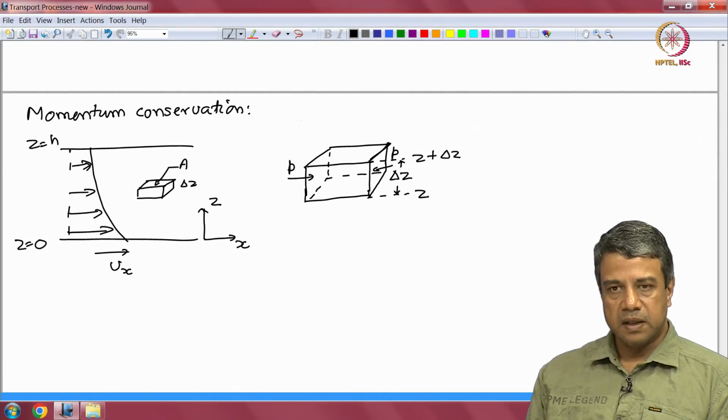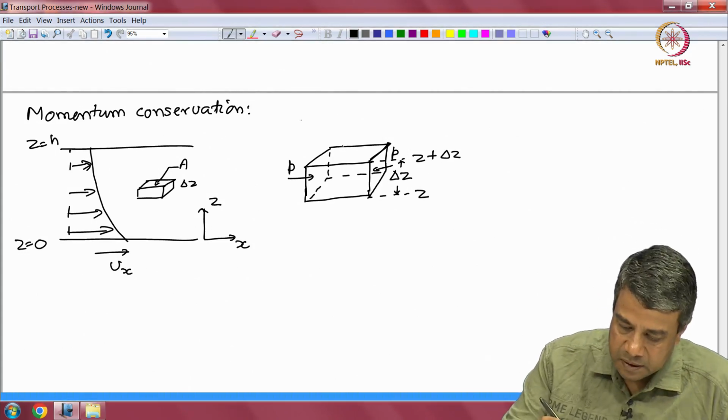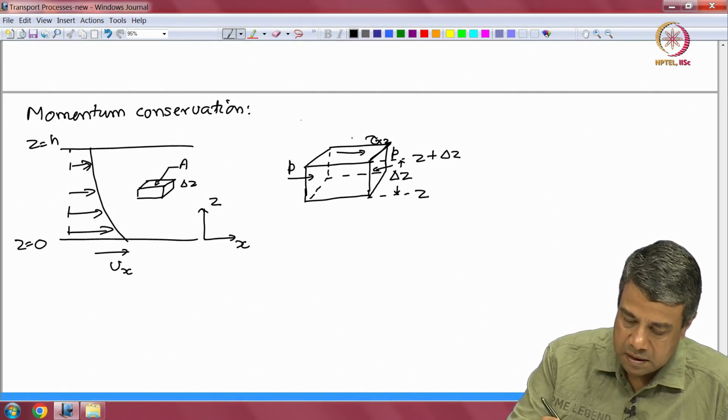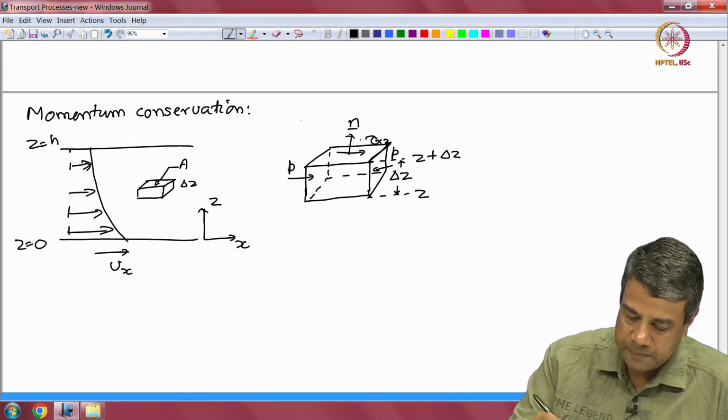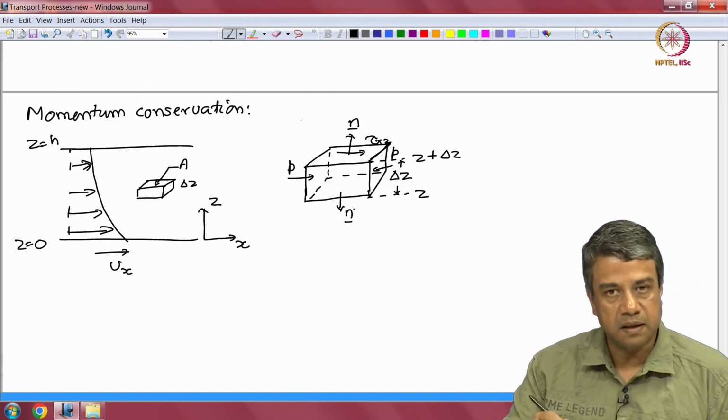And then you will have shear stresses acting on the surface. On the top surface you will have a shear stress, tau x z, which has a unit normal n. On the bottom surface the unit normal is in the minus n direction.